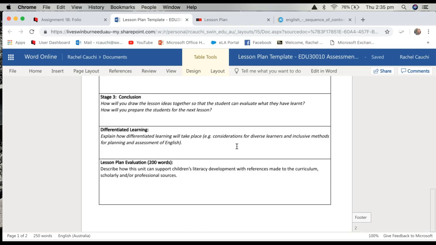If you have a look at week 6, it talks in detail about diverse learning and catering to the needs of different students, and I particularly liked the video where the professor talked about different elements of differentiation.